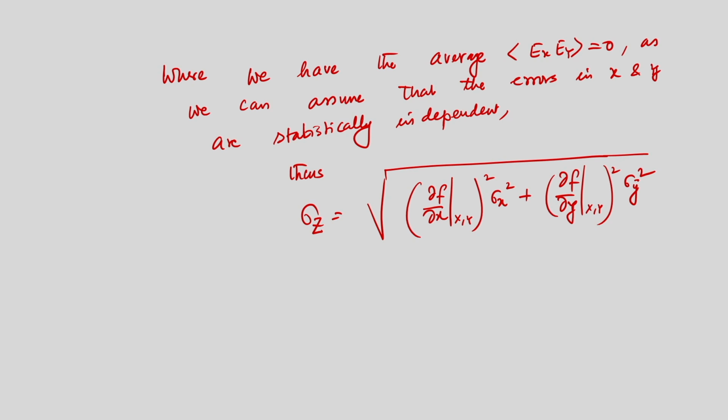If we consider a function of two variables, then following the same procedure we assume that we can use linear approximation to the function, and we have calculated the error, and then we square and average to obtain the standard deviation. Here we have the average E x E y equal to 0, and we can assume that the errors in x and y are statistically independent.